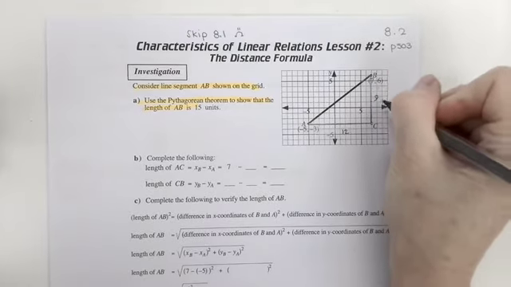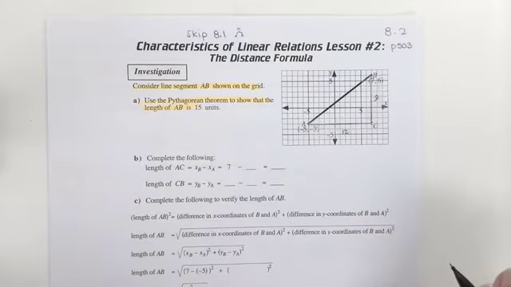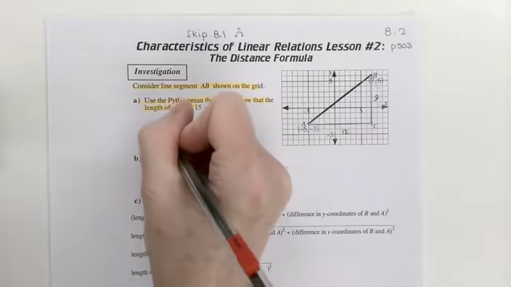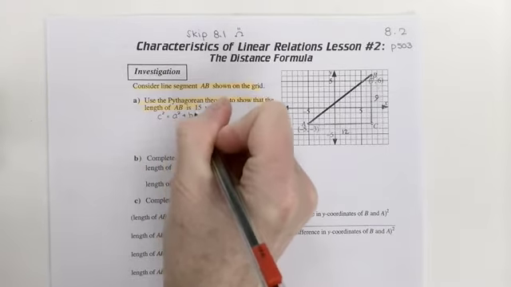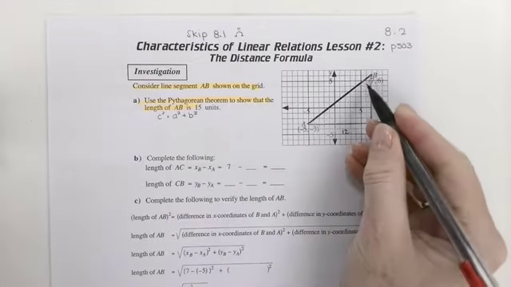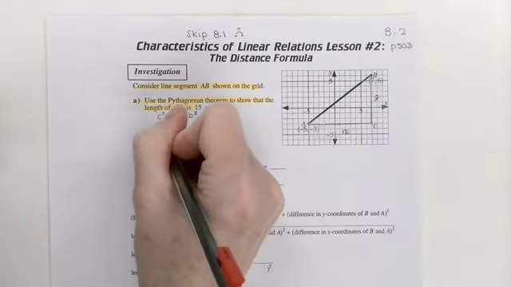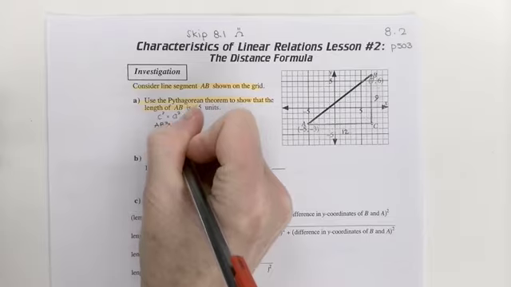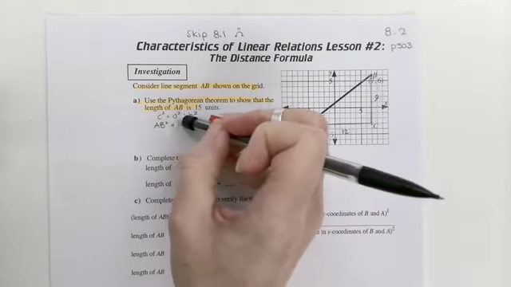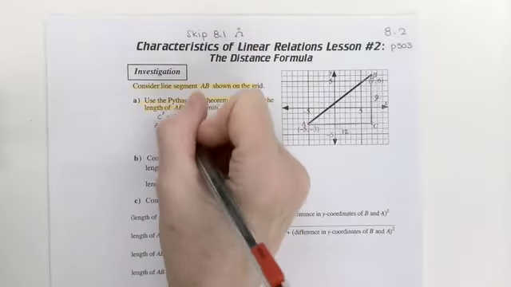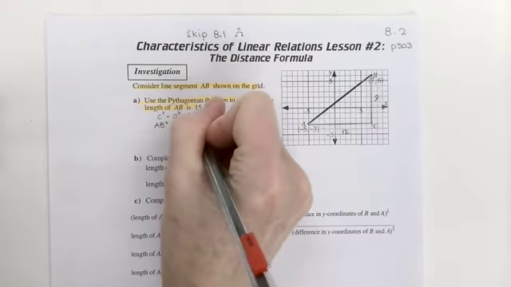Now we can use Pythagorean theorem. C squared equals A squared plus B squared to find the distance of AB. So substitute: AB squared equals A squared, which we know A is going to be 12 squared, plus B is going to be 9 squared.